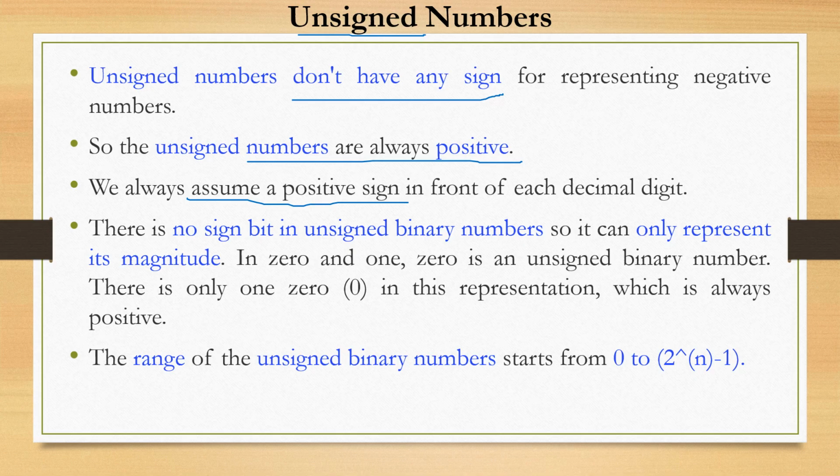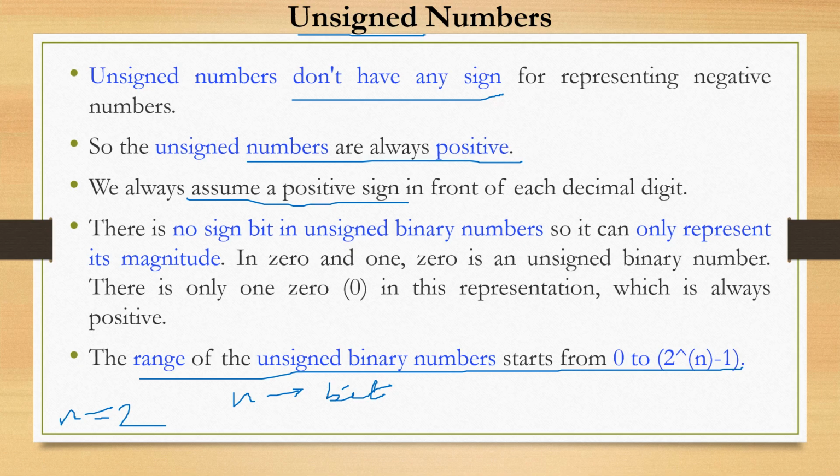The range of the unsigned binary numbers is 0 to 2 to the power n minus 1, where n represents the number of bits. Okay, so if we assume that n is equal to 2, how many numbers does it represent?